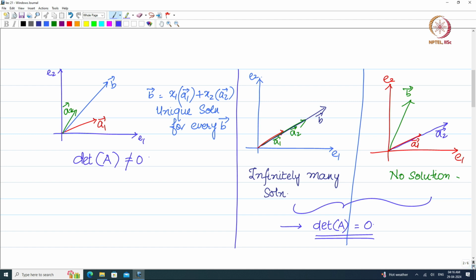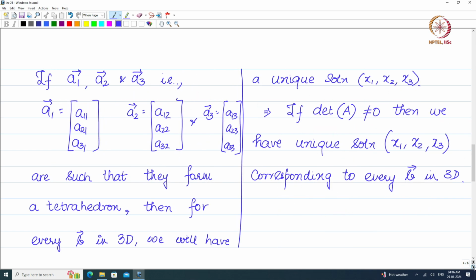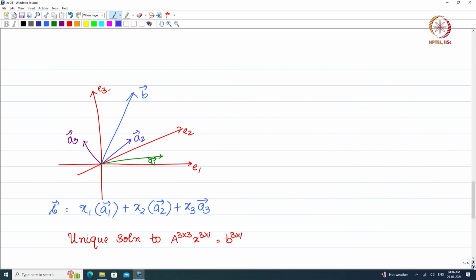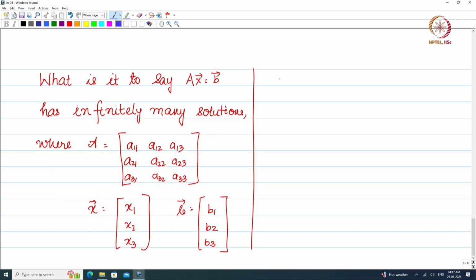That is exactly what we are going to look at here. In this case, the first condition is that the determinant of A is equal to 0. If the determinant of A is equal to 0, then there is a chance that the system of equations may have infinitely many solutions, or it will have no solution at all.